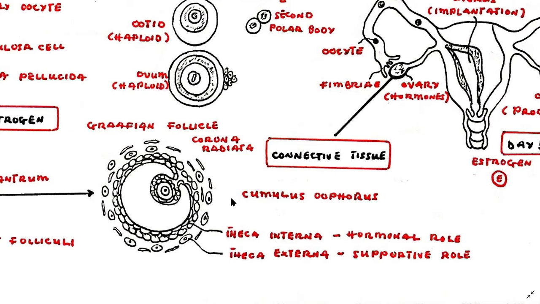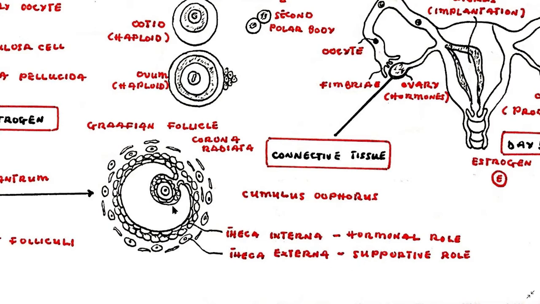The connective tissue cells of the ovary around the follicle respond to differentiation and form two new layers. These layers are the theca interna and the theca externa. The theca interna has a hormonal role, whereas the theca externa has a supportive role.